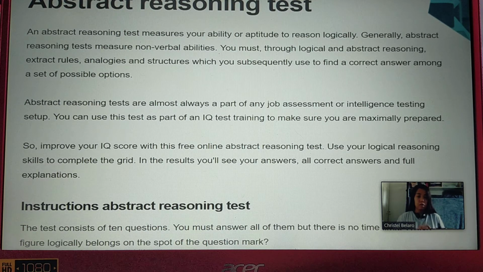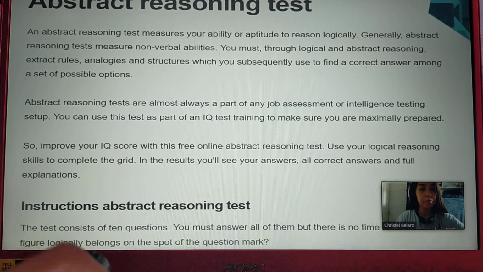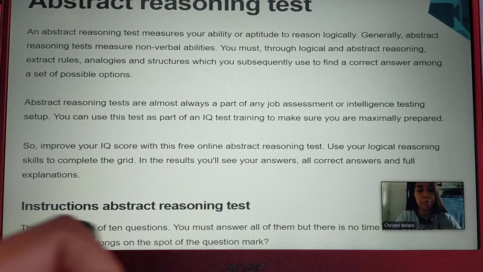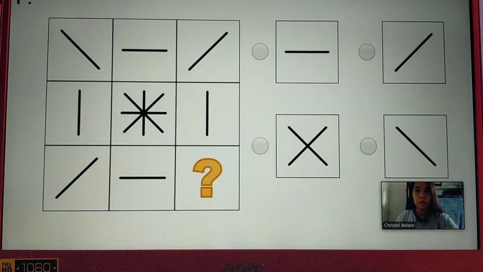So let's have a trial first. Given this pattern or diagram, what do you think is the missing one? I'll give you 5 seconds to answer. 5, 4, 3, 2, 1.